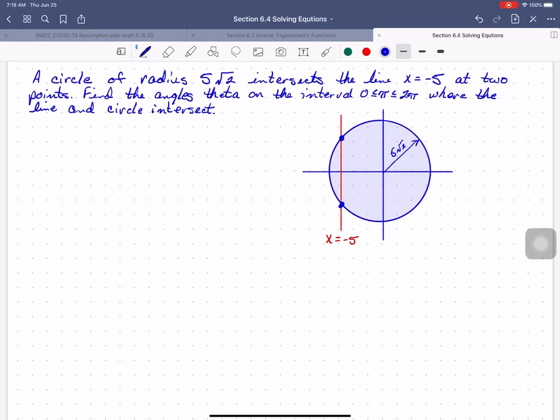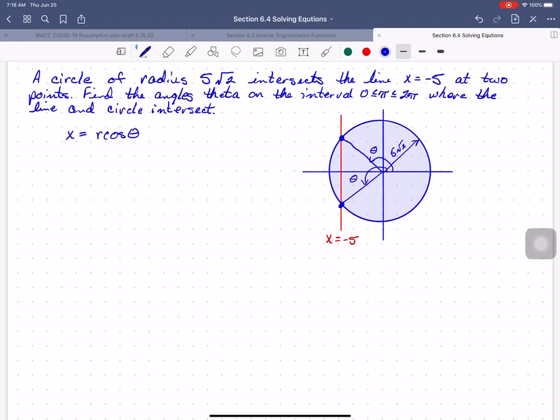I could write the equation of the circle, find the coordinates of those 2 points, and then take the inverse tangent, but that's the long way around because what do I know? I know that x equals r cosine theta, right? Where this would be theta, and so would this be theta.